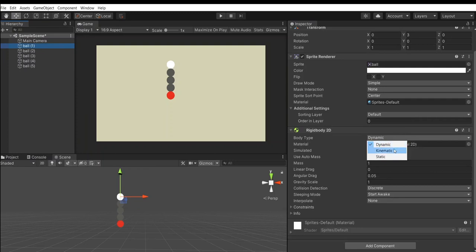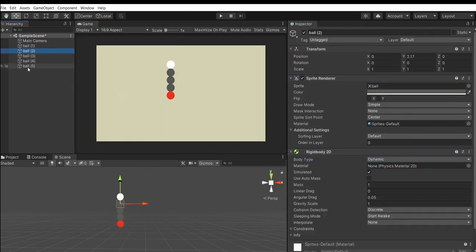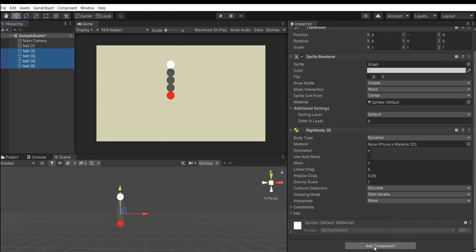Only the top object has the Kinematic Rigidbody type. The others are set as Dynamic.